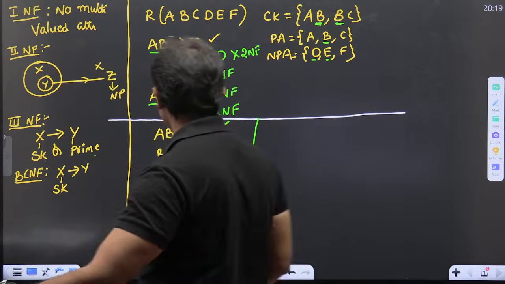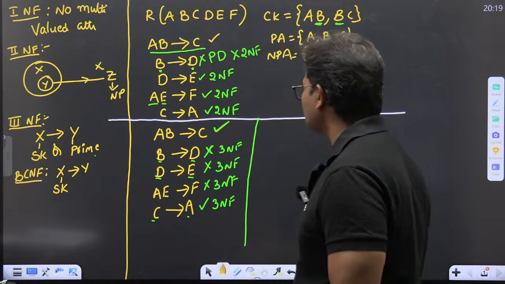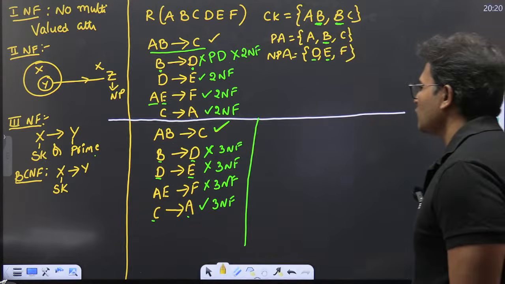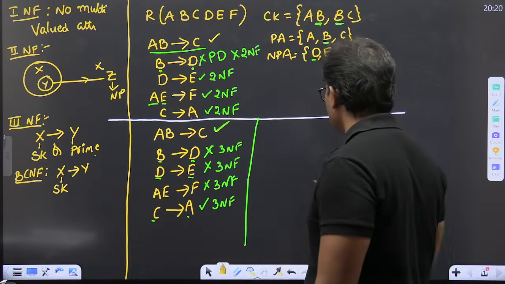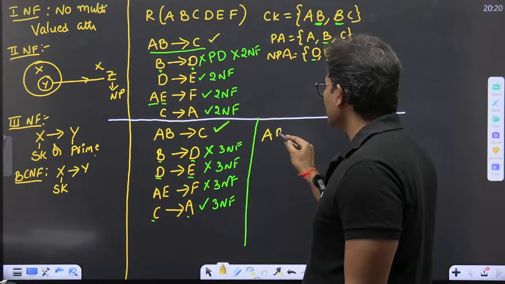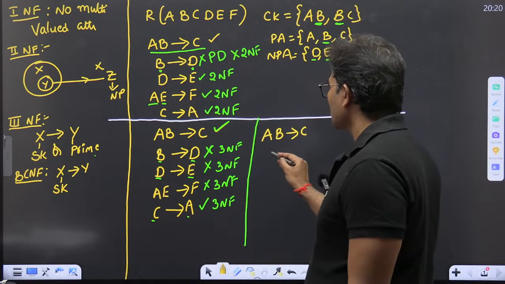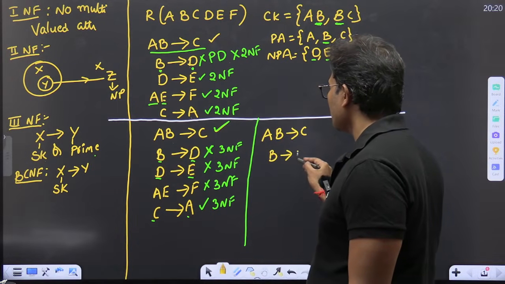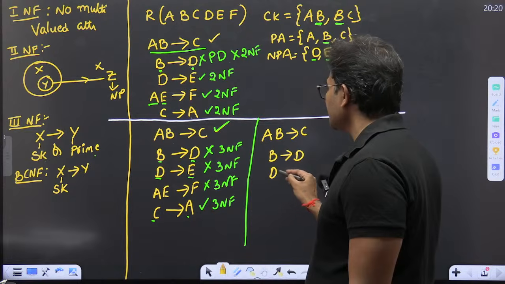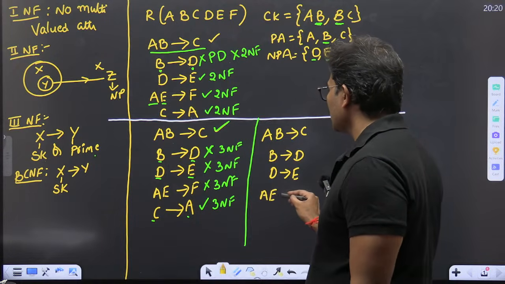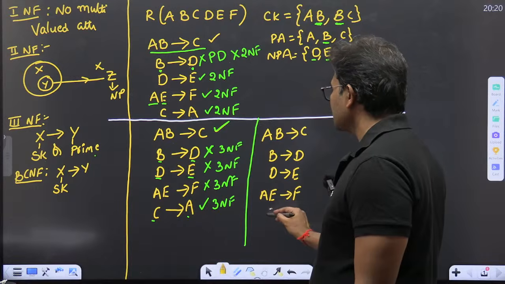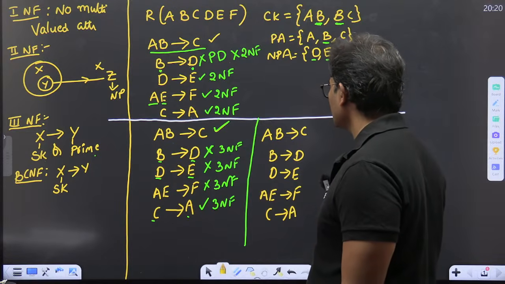Let us say the functional dependencies are AB determines C, B determines D, D determines E, AE determines F, C determines A.